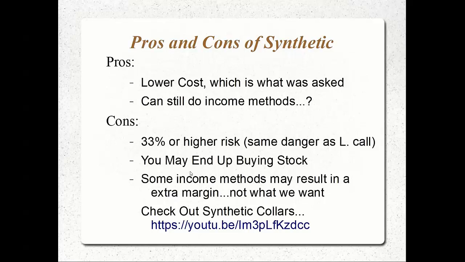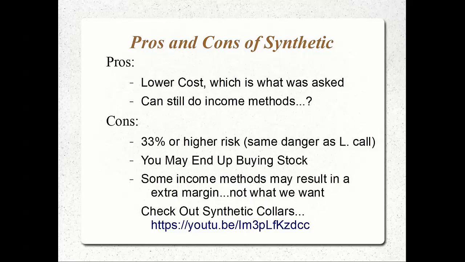The pros and cons of the synthetic married put position. Lower cost, which is what you asked about. Can you still do the income methods? Yes, but you're probably going to need to be at least on level 3 trading. Why do I say that? Because you don't own the stock. You own a long call that's out in time.